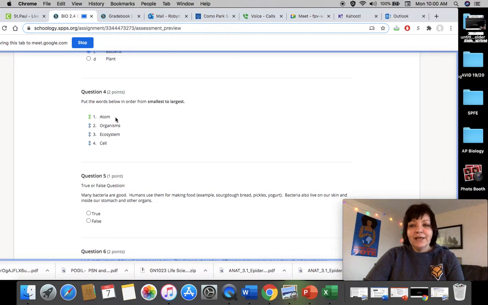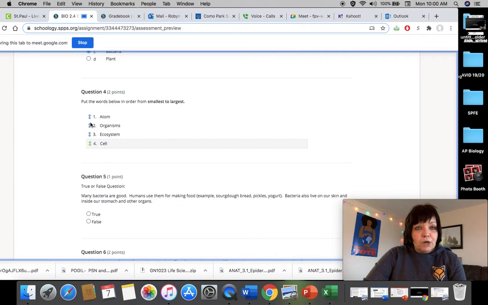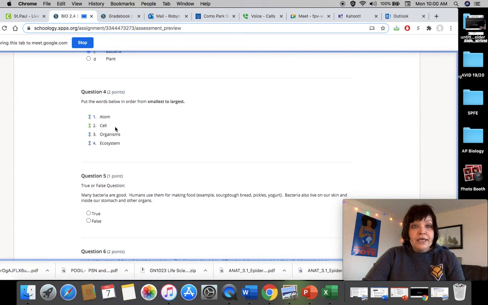So atoms like hydrogen and oxygen are the smallest. And then if you put the rest of these in order here, you know that the cell is the smallest unit of living things. And then cells make up organisms, like one living thing is an organism.